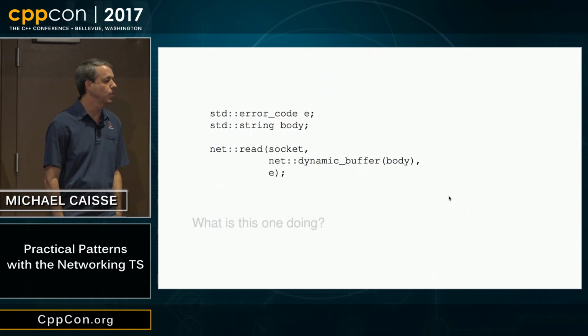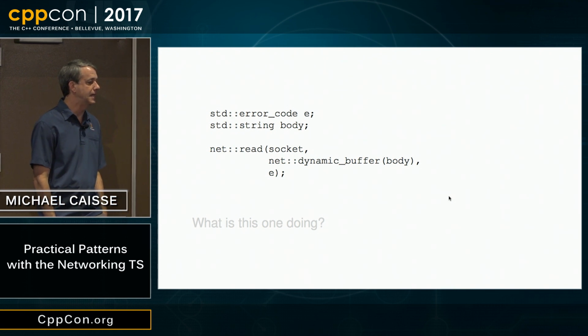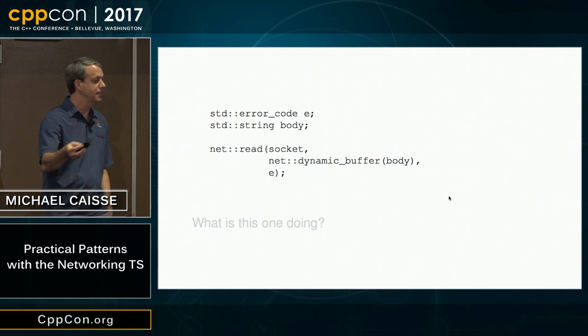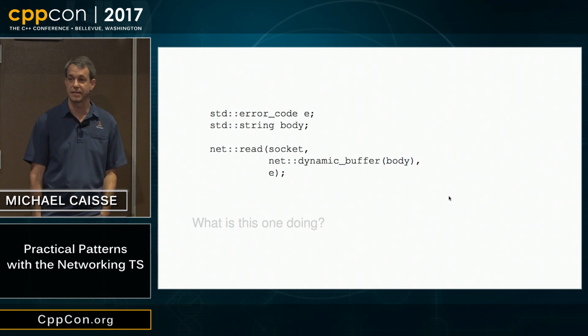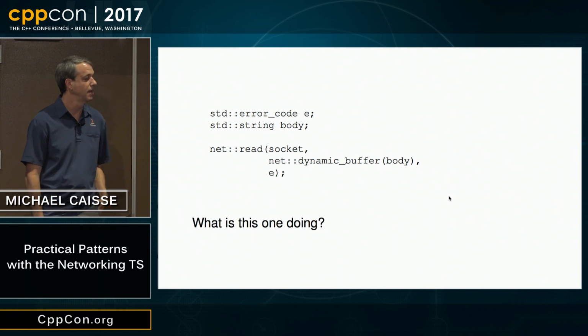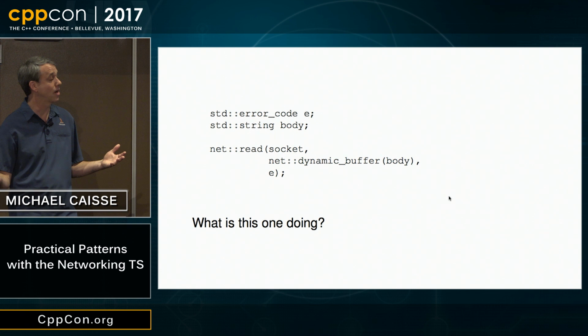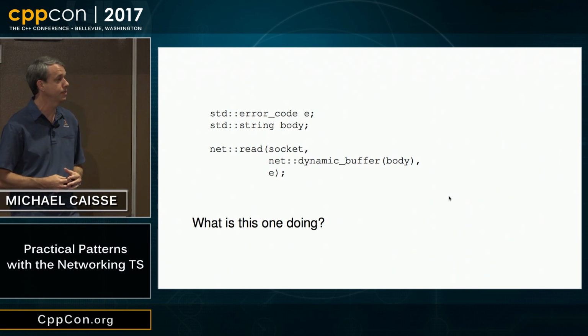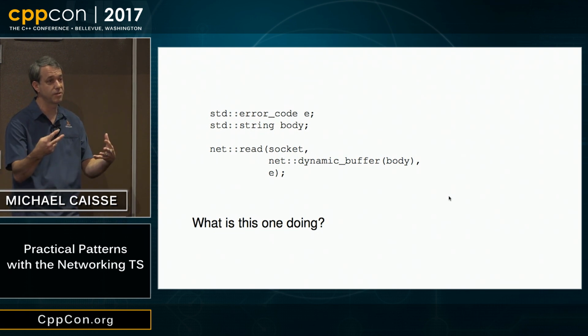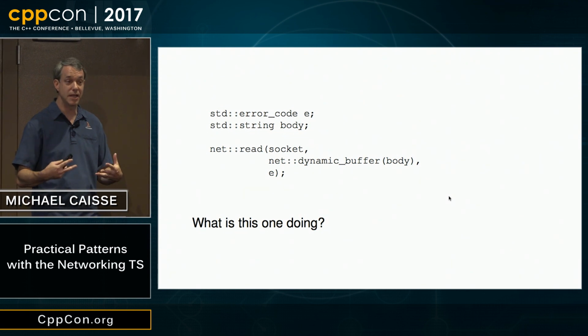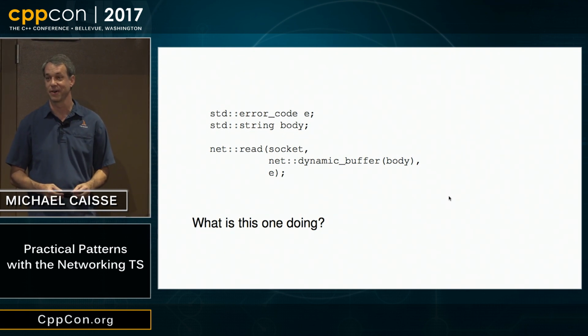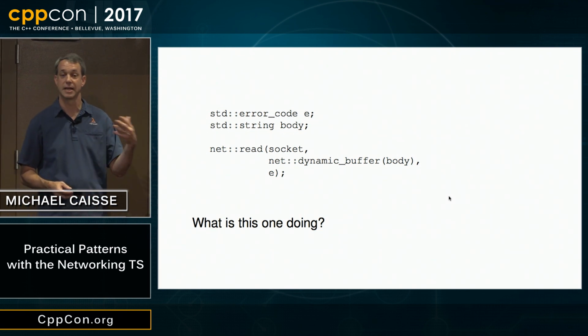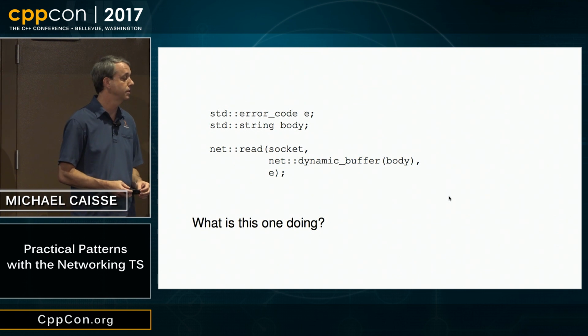All right, so we've got read here. And we are going to now read from the socket, giving it a dynamic buffer. And we're also going to give it this error code. So how's error being handled in this situation? Well, we've given it the error code, so it will fill in the error code with an error if there is an error. Otherwise, it'll just return. We can test E, and E will return true.